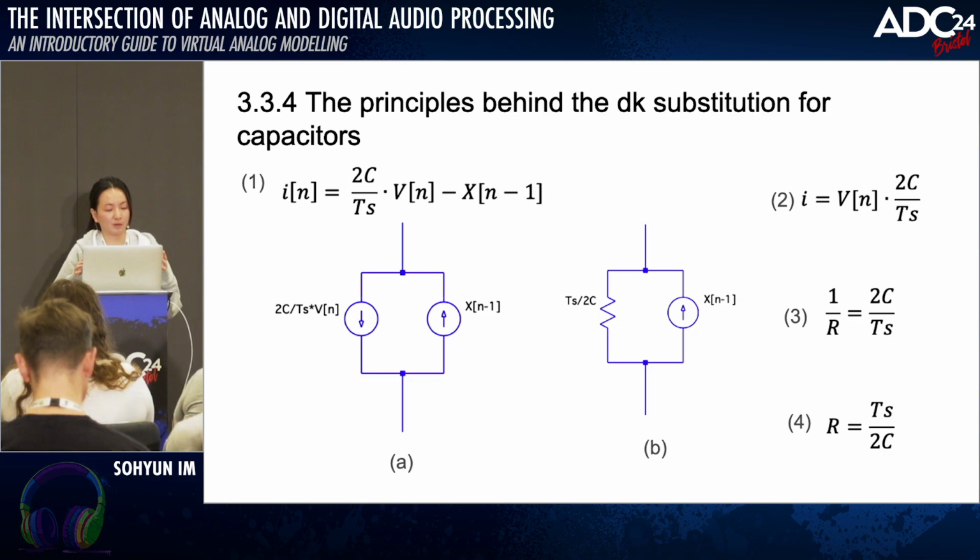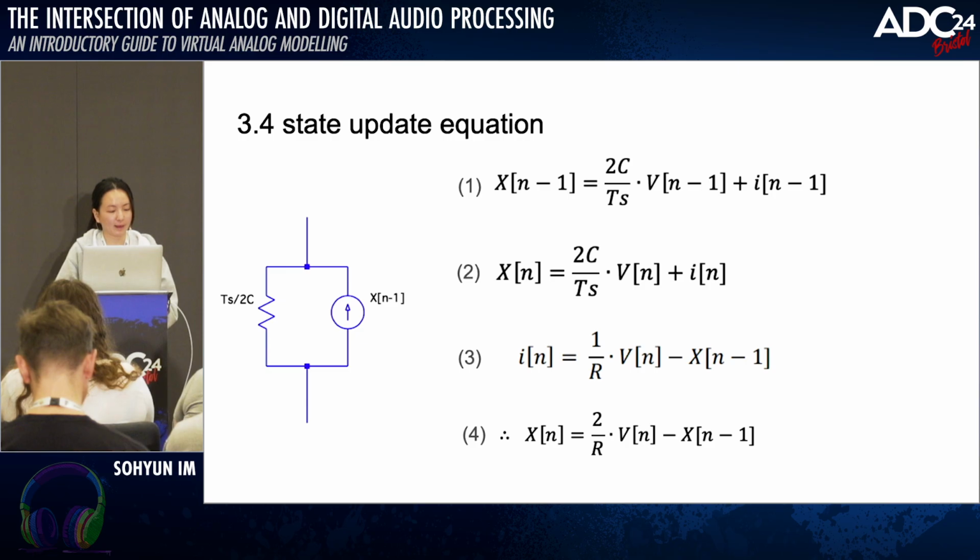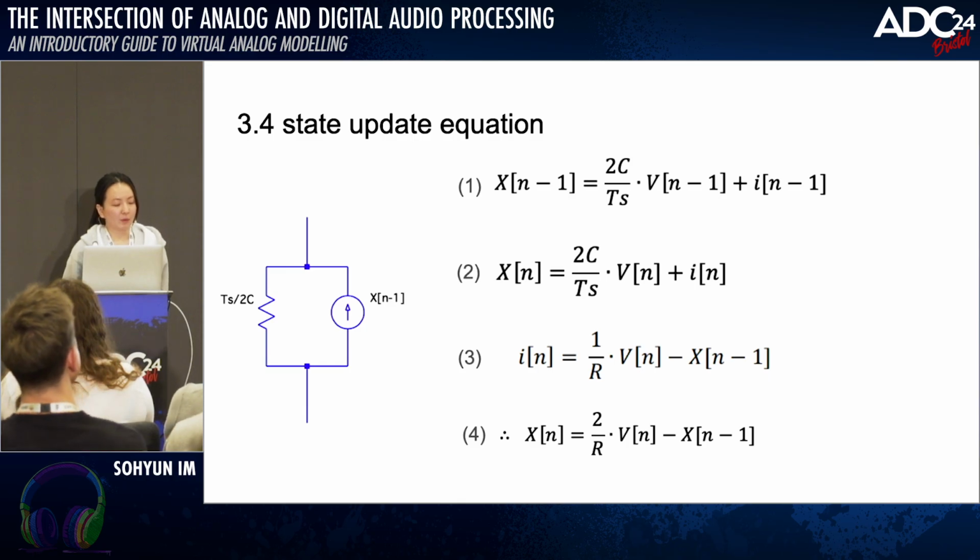And this is configured in a parallel circuit. We actually need state update equations because our state value, x of n minus 1, needs to be updated every time the sample by sample signal processing goes on.